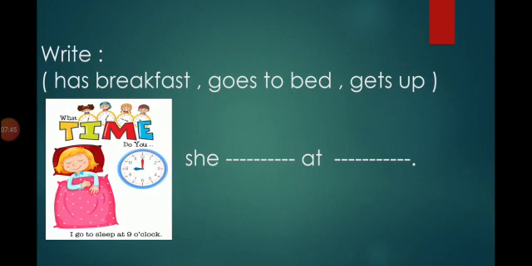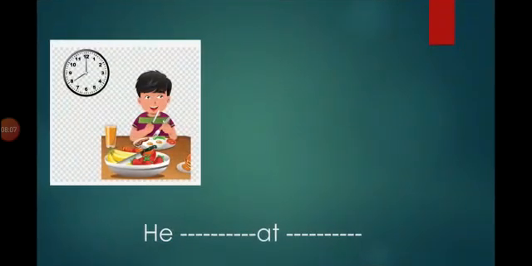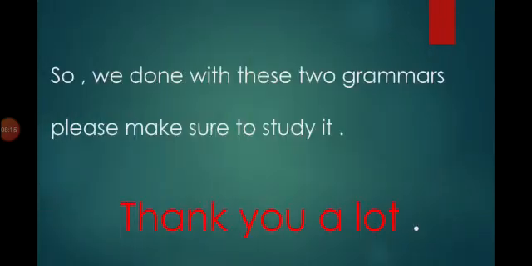She goes to bed at 9 o'clock. Look here at picture number 2. What's she doing? She gets up at, look at the clock, 7 o'clock. Here, he has breakfast at 8 o'clock.